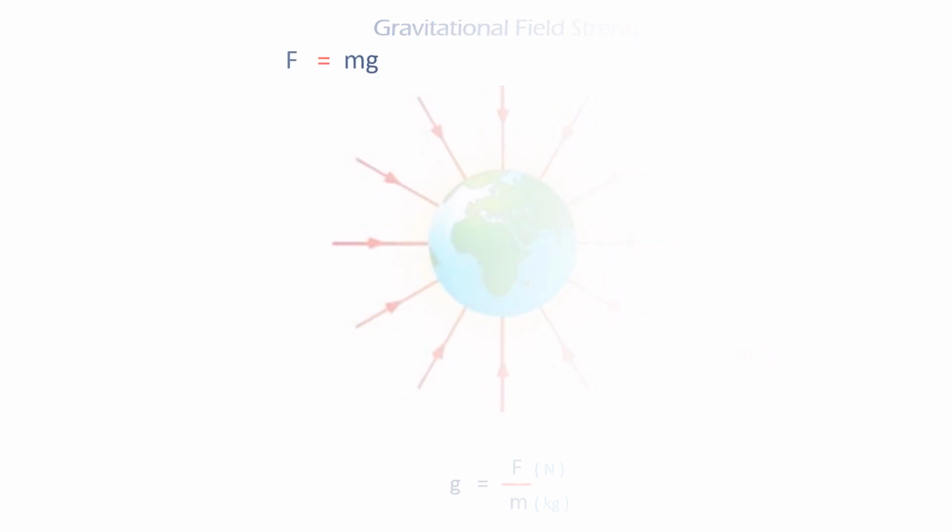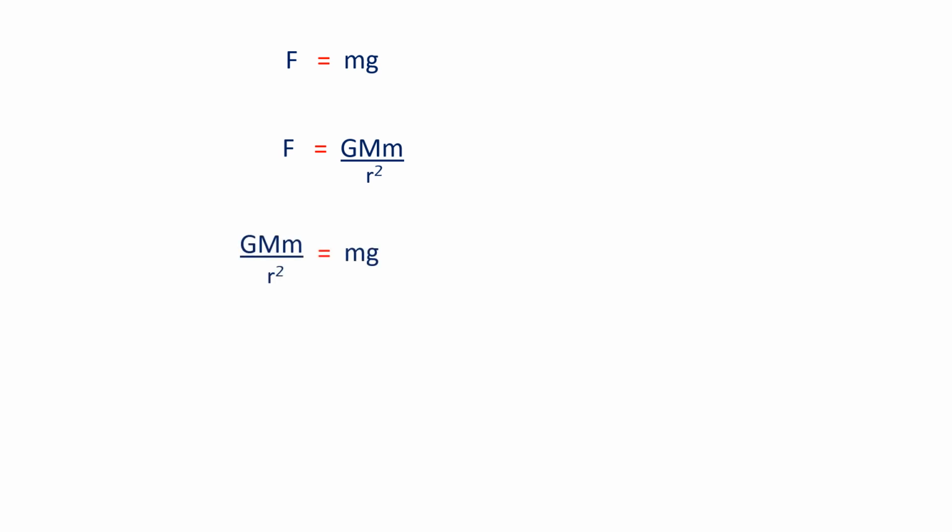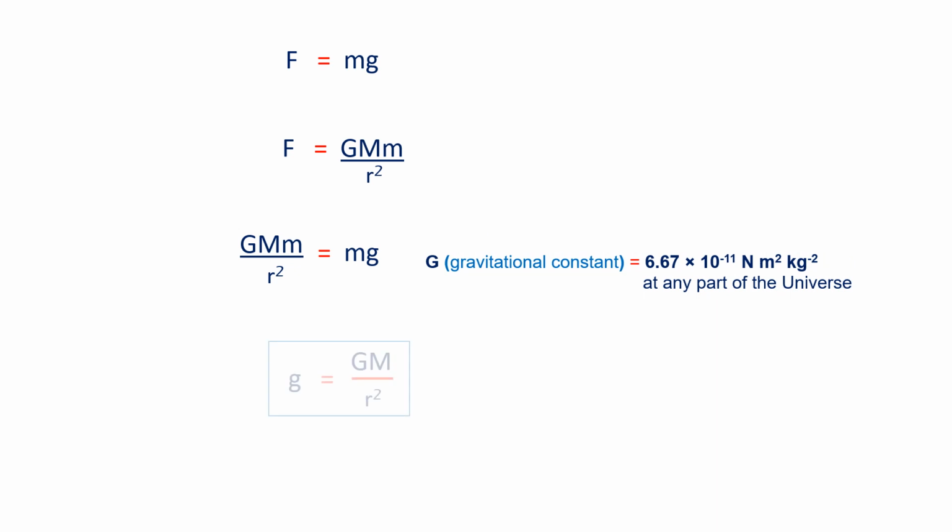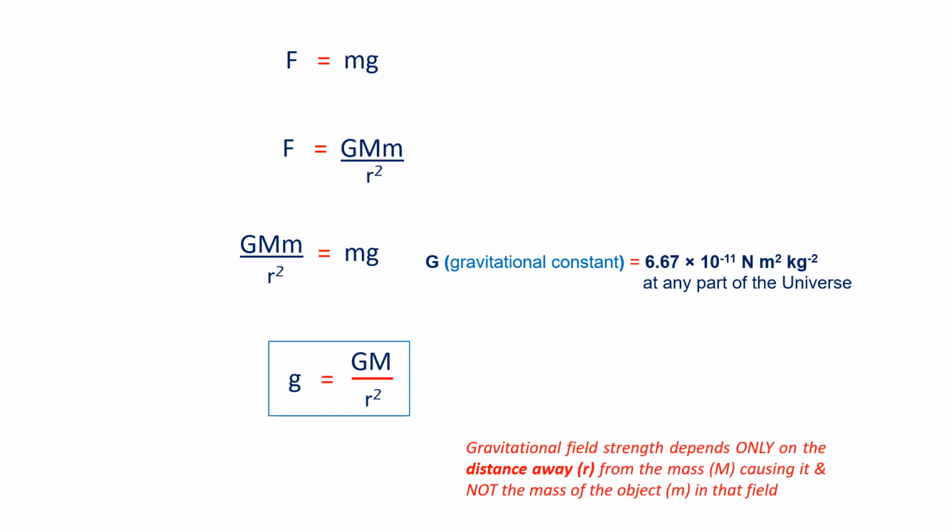F equals mg, and F is also equal to G times m1 times m2 over r squared. We can cancel out the terms to come up with this equation: g equals capital G times capital M divided by r squared. So this means that the gravitational field strength depends only upon the distance away from the mass causing it and not the mass of the object in that field.